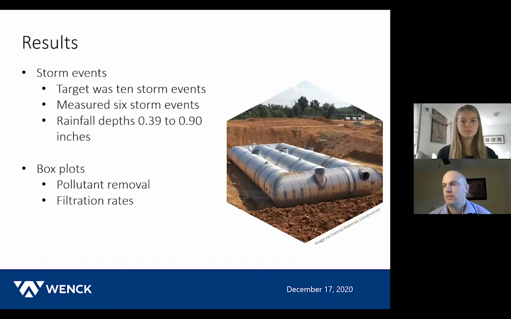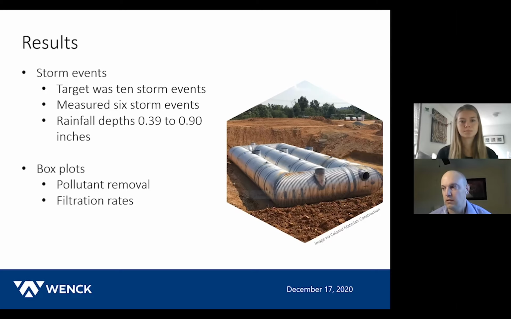So let's talk a little bit about our results, our storm events. Our target over the summer was 10 storm events, but as probably many of you know, collecting samples using the grab sample route is an imperfect science indeed. So unfortunately, we only got to 6 storm events, but I was fairly happy with our rainfall depths.